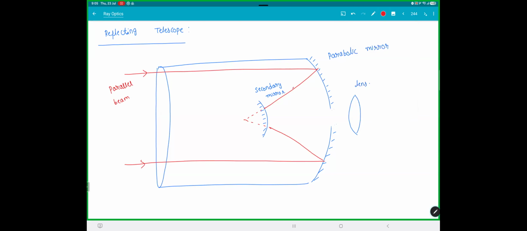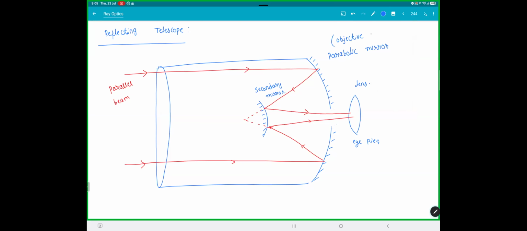And once the rays hit here, they will bounce and go through the lens. And this is your eyepiece. And then we use this light to do whatever it is. So this parabolic mirror is called the objective mirror. Remember objective lens and eyepiece?